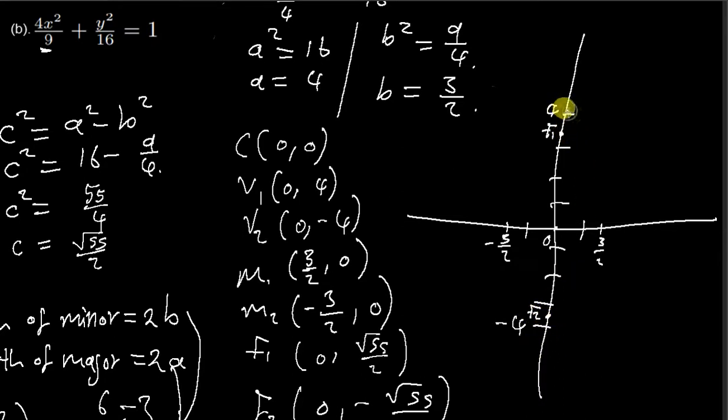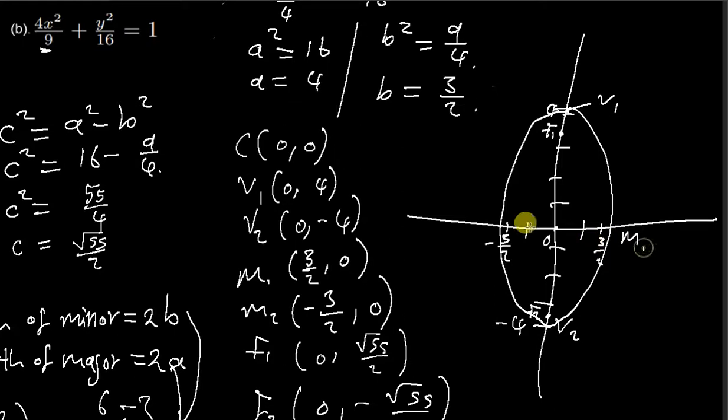So we can just sketch this. Okay, so that is how it's supposed to come out. And then from there, you can name this. This is v1, this is v2, then you have m1, you have m2 there, then f1, f2. Yeah, so that is how you do the sketching. If you want, you can also show the y-axis, the x-axis there. Okay, so that is basically how you do the sketching.